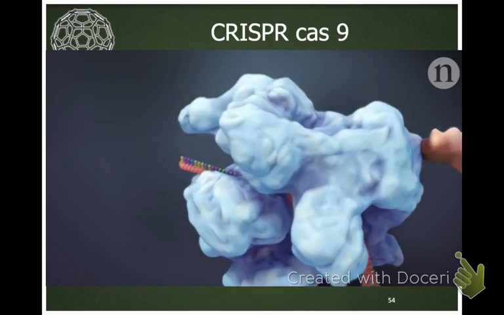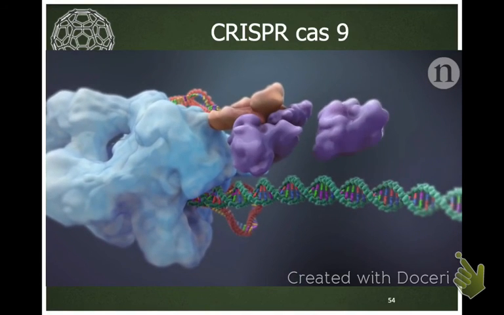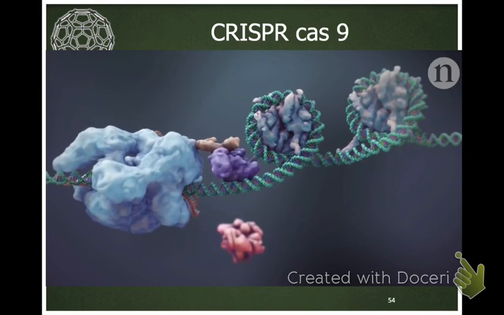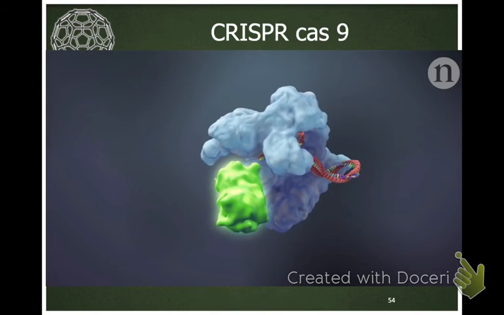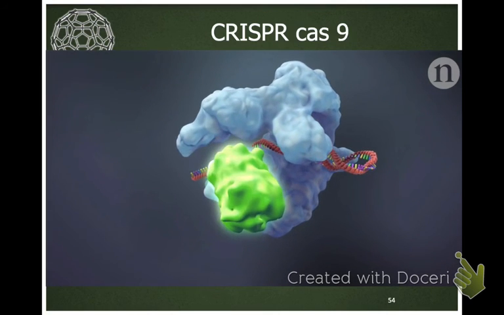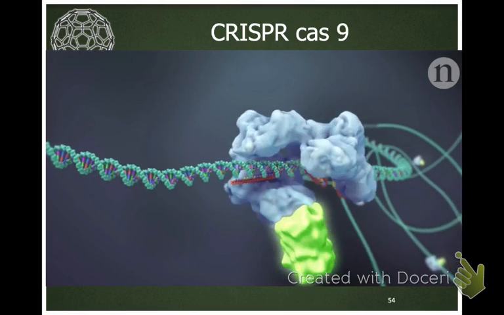A KRAB domain fused to the Cas9 inactivates transcription by recruiting more factors that physically block the gene. A more outside-the-box idea for using CRISPR is to attach fluorescent proteins to the complex, so you can see where particular DNA sequences are found in the cell.